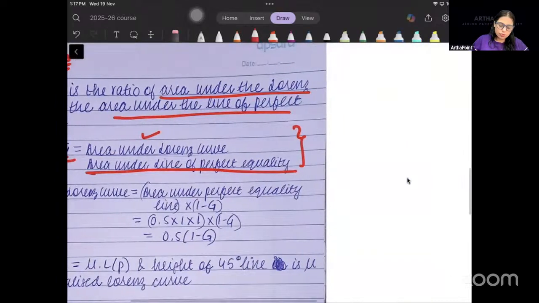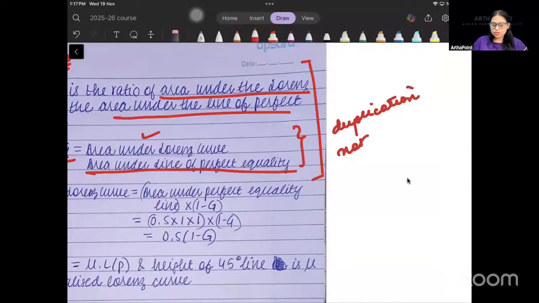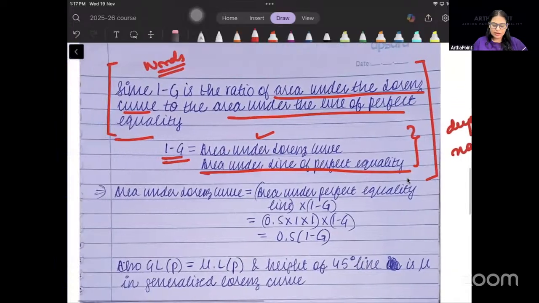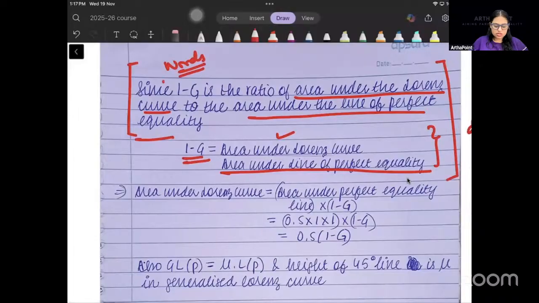So this is a duplication and not required. Even if you would have written it once, even if you would have explained it, it would have been fine. So this is not required.